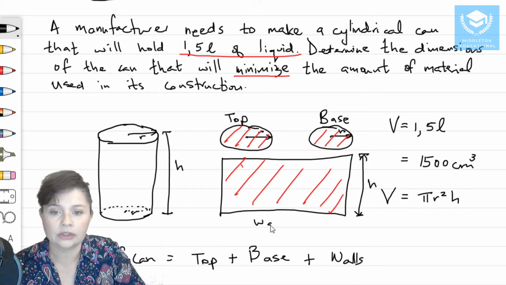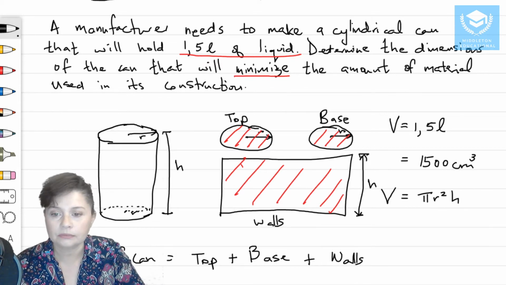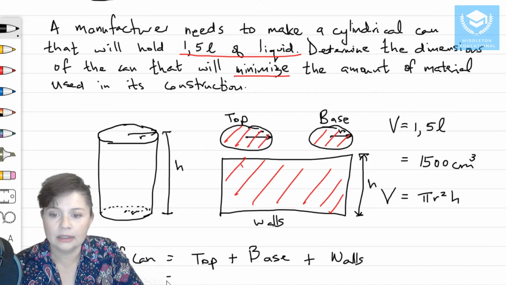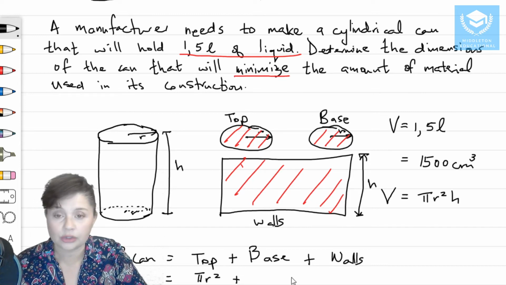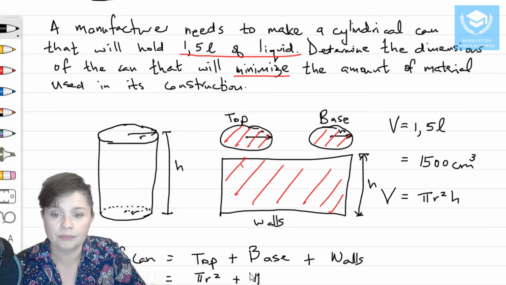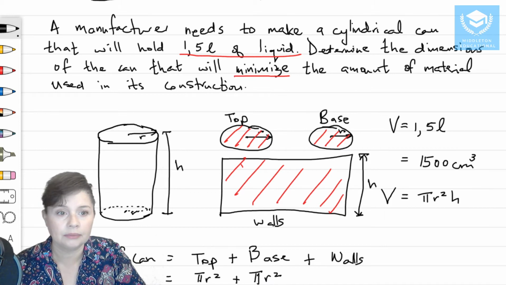Then the top is a circle, so that is going to be pi r squared. Your base is also going to be pi r squared.